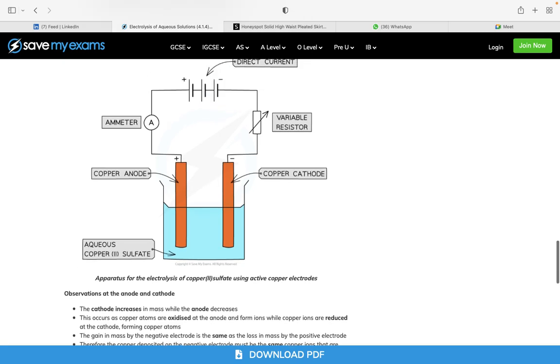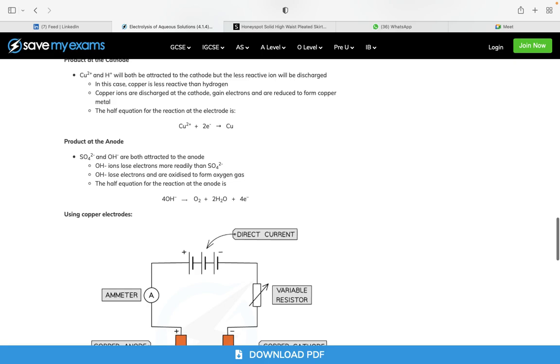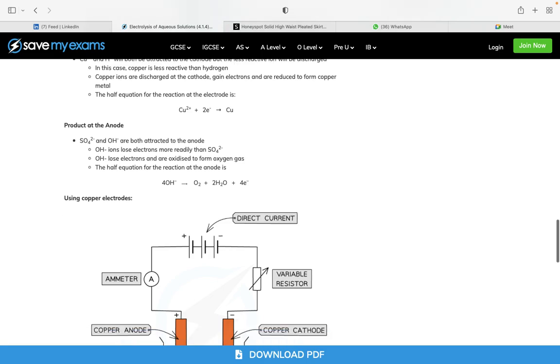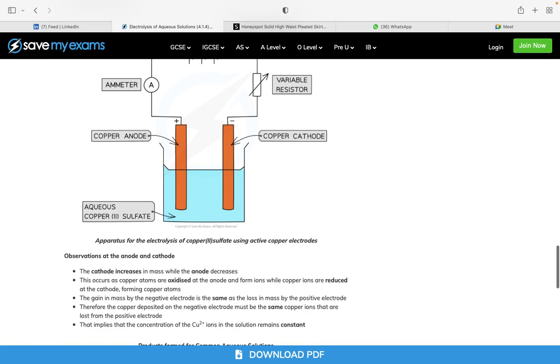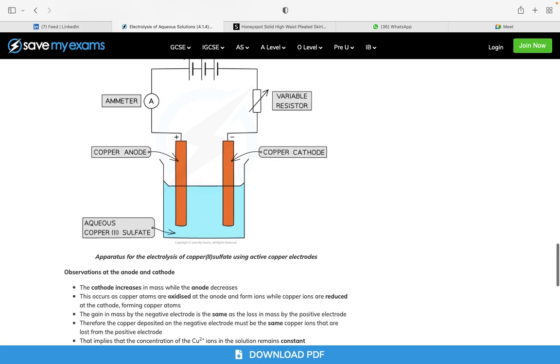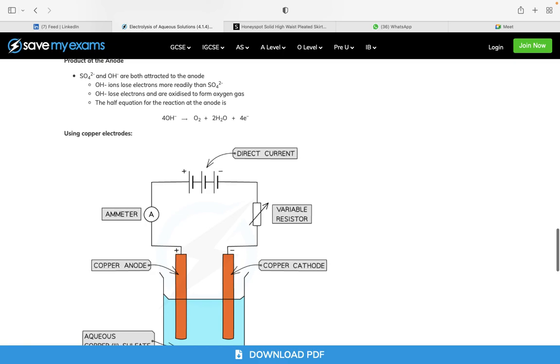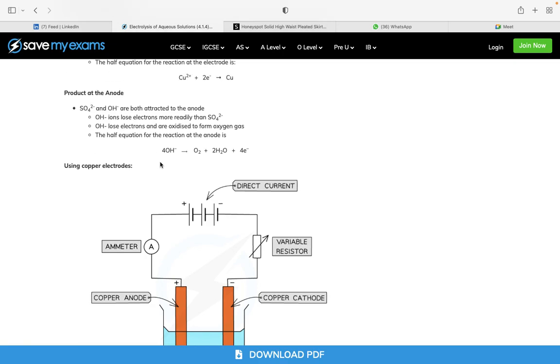So if you look at the equation of cathode and anode, we say copper is oxidized at the anode. We say this occurs as copper atoms are oxidized at the anode. So at the anode, the copper is oxidized. This is like an oxidation reaction. And then here they are reduced to copper.